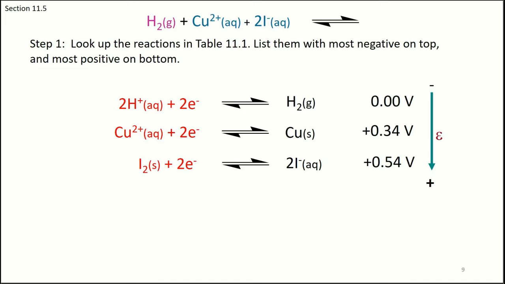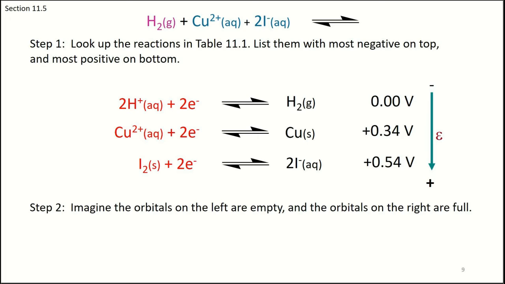As we go down the table, we come across the next reaction, including our copper 2 plus aqueous ion, which has a potential of positive 0.34 volts. And lastly, we come across the reaction that includes the iodide ion, which has a potential of positive 0.54 volts. So we write these in the order from the most negative to the most positive.